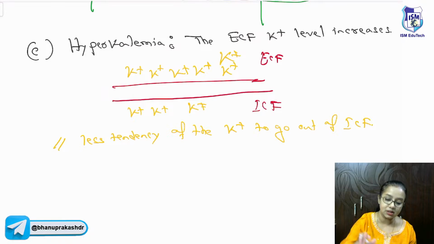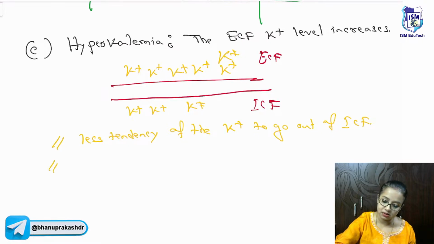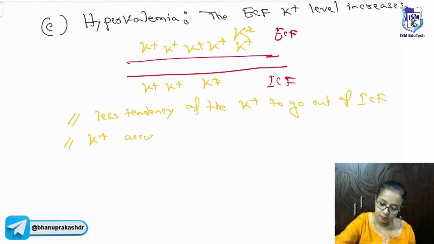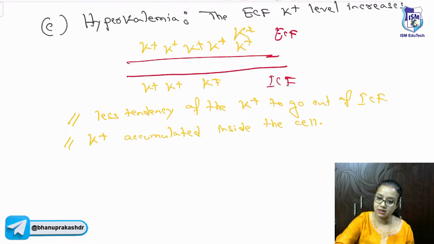But in hyperkalemia, when the concentration of potassium is already more in the ECF, the potassium that usually goes out from ICF to ECF will not do so, because potassium is already more outside, right? So now there will be positively charged potassium accumulated inside the cell. Now, what will this do?